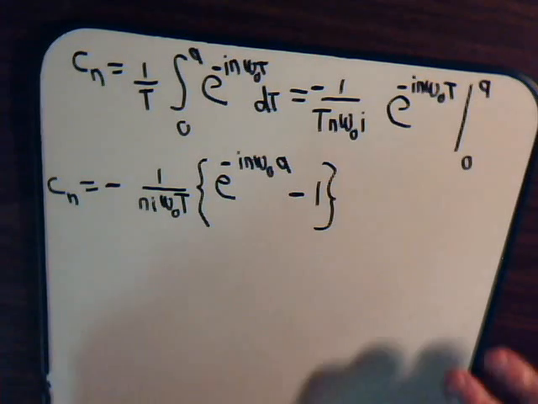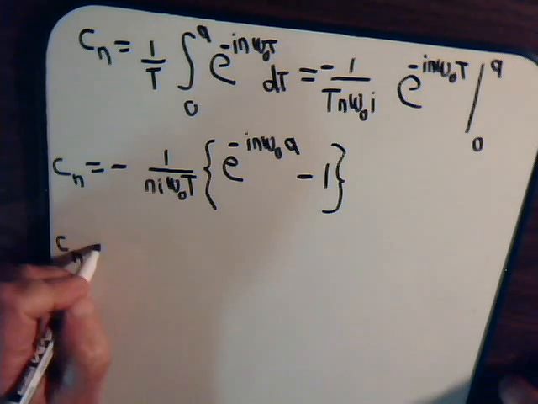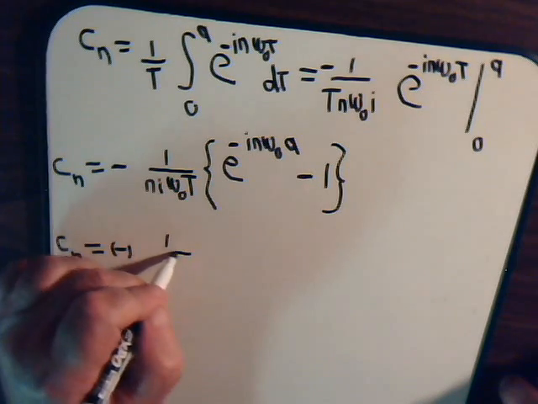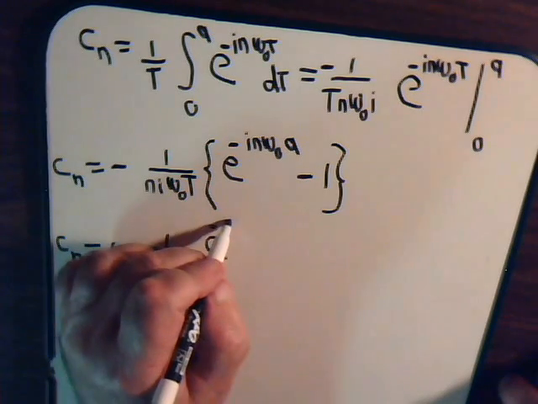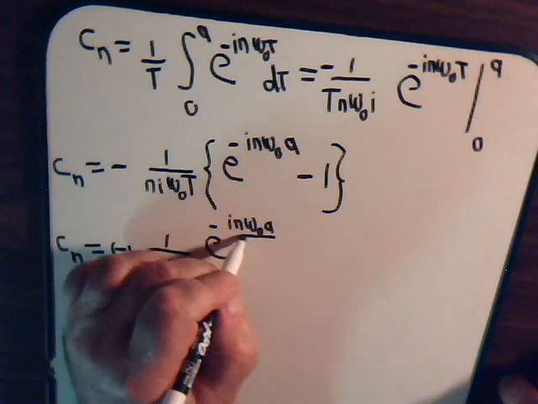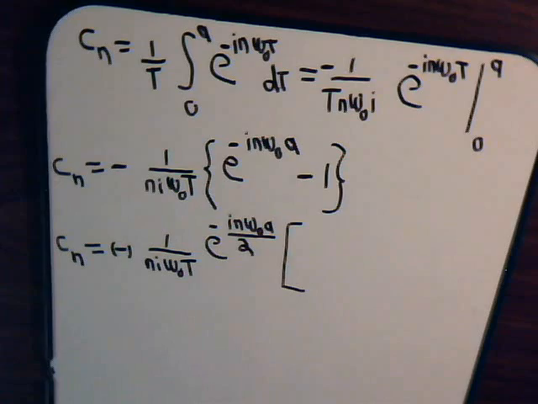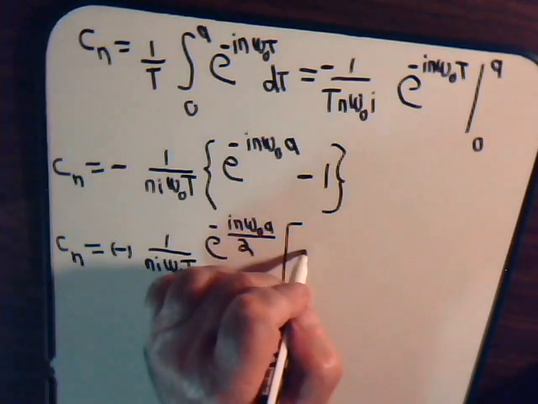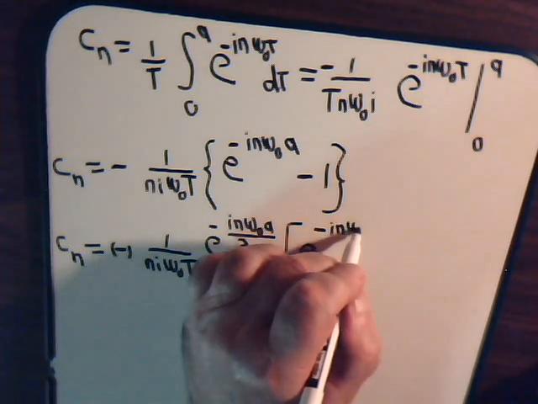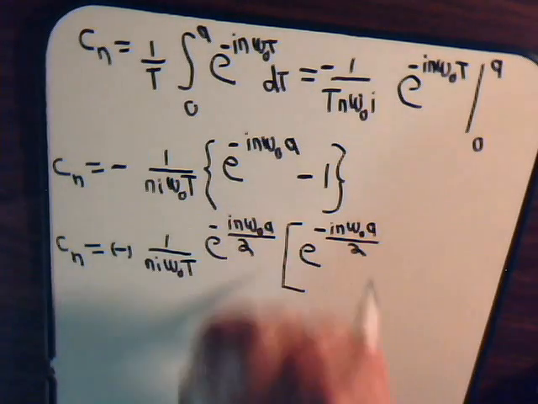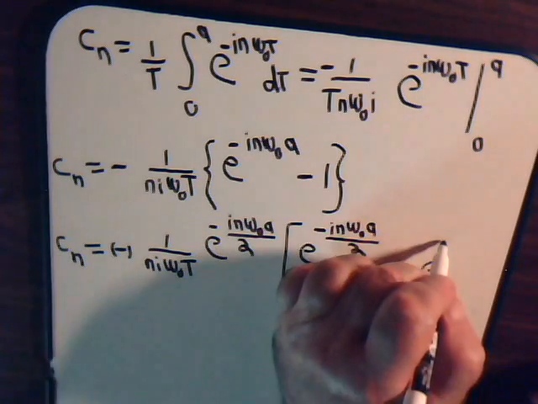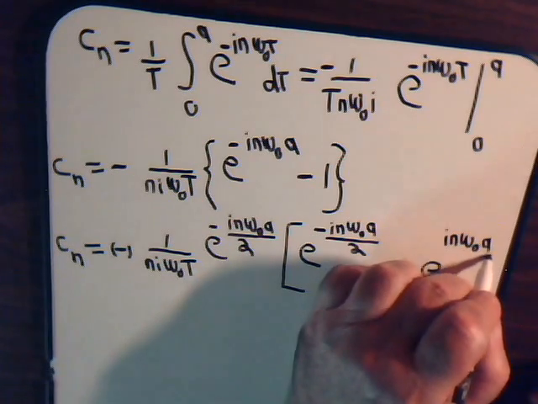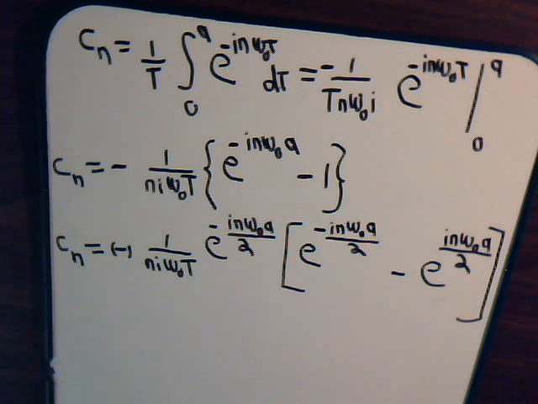We will have c sub n equal to minus 1 over i n omega T, e to the minus i n omega a over 2, times e to the minus i n omega a divided by 2 minus, this is 1, so that would have to be e to the 0, so this one will have to be e to the plus i n omega a divided by 2. So there's our expression for c sub n.